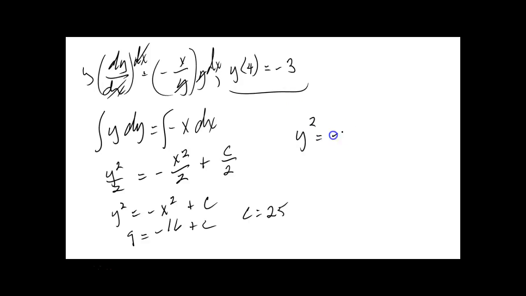Y squared is equal to minus x squared plus 25. Or I want to write that as x squared plus y squared is equal to 25. And that would be what? What does that describe? A circle of radius 5, right? Circle of radius 5. Okay.